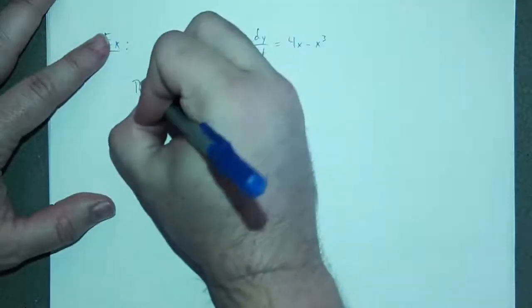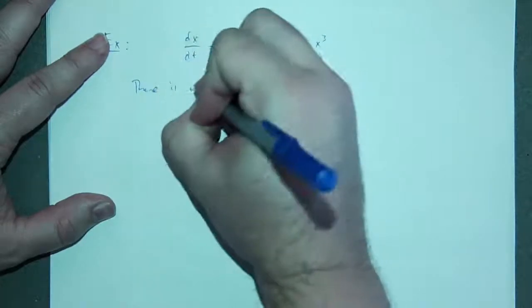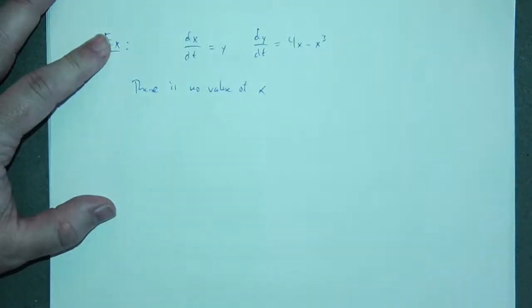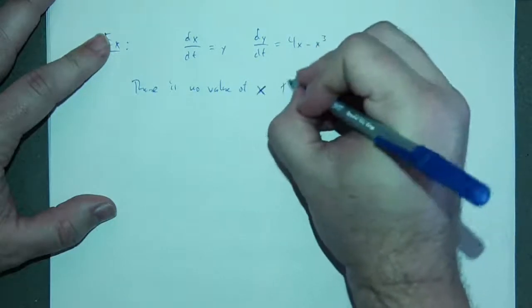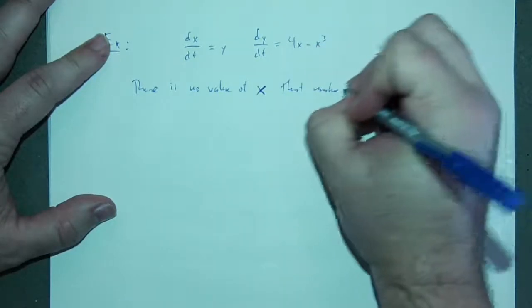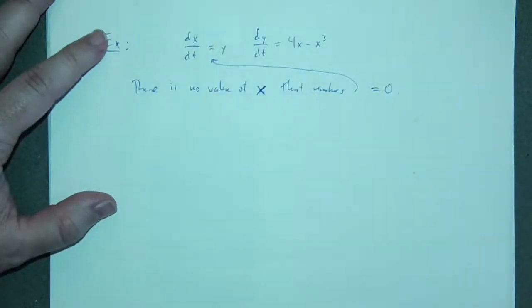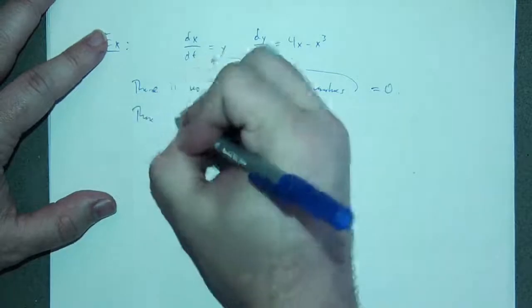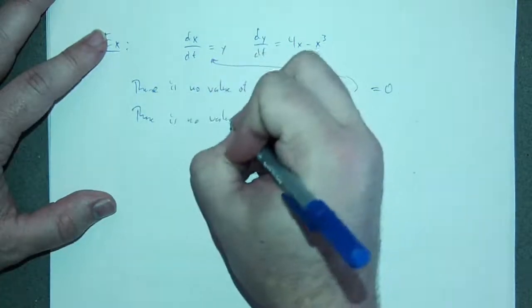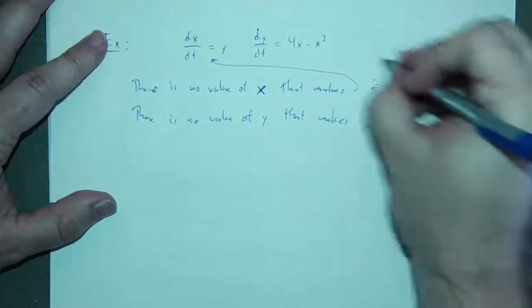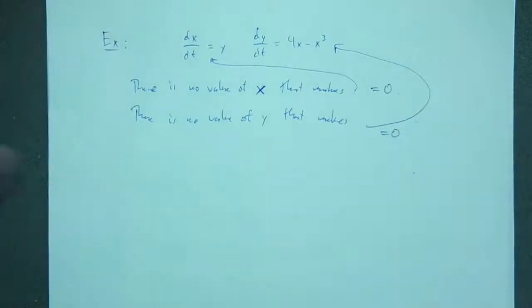Well, there is no value of x that makes the right-hand side of the dx/dt equation equal to 0. There is no value of y that makes the right-hand side of this thing 0. So this has no semi-stationary solutions.